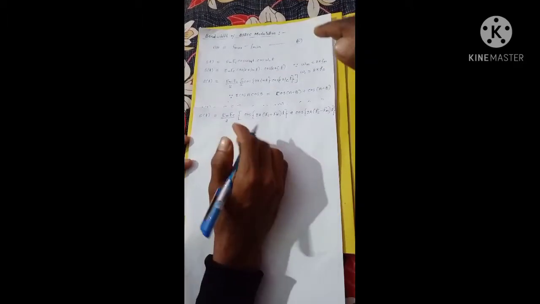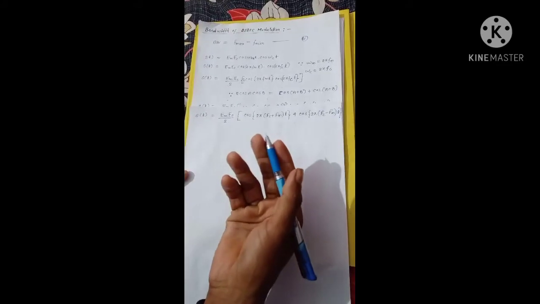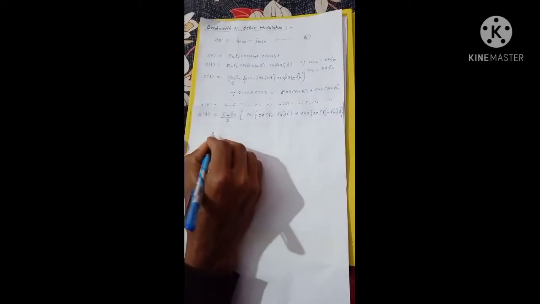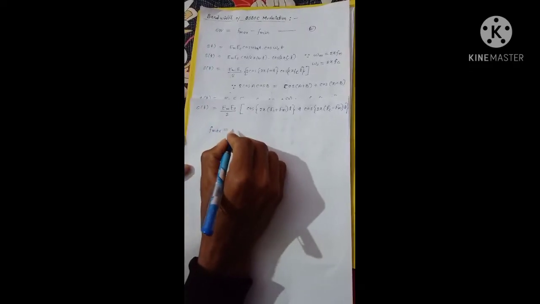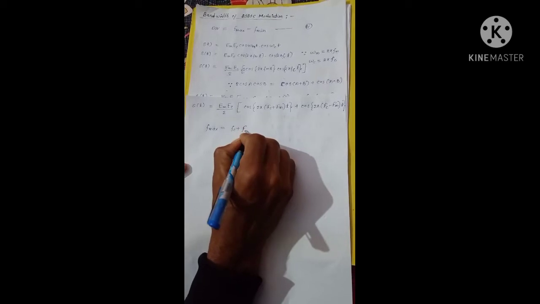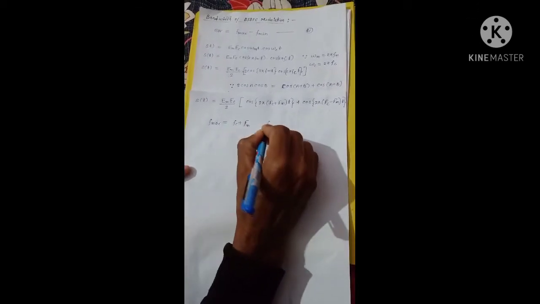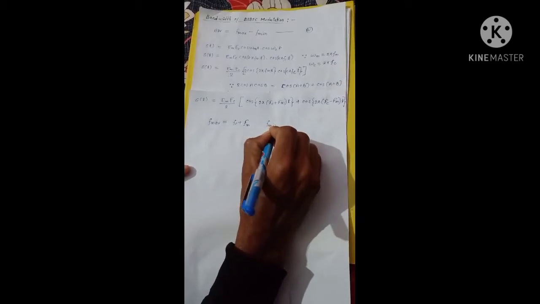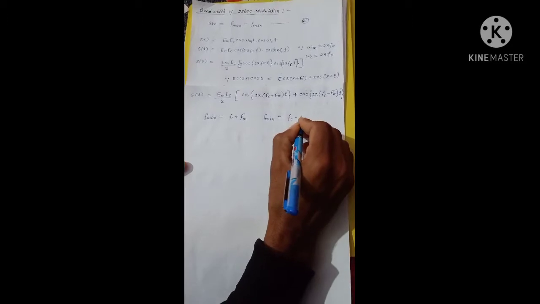The DSBSC modulated wave has only two frequencies. The first one is f maximum, which is equal to fc plus fm, and the second one is f minimum, which is equal to fc minus fm.